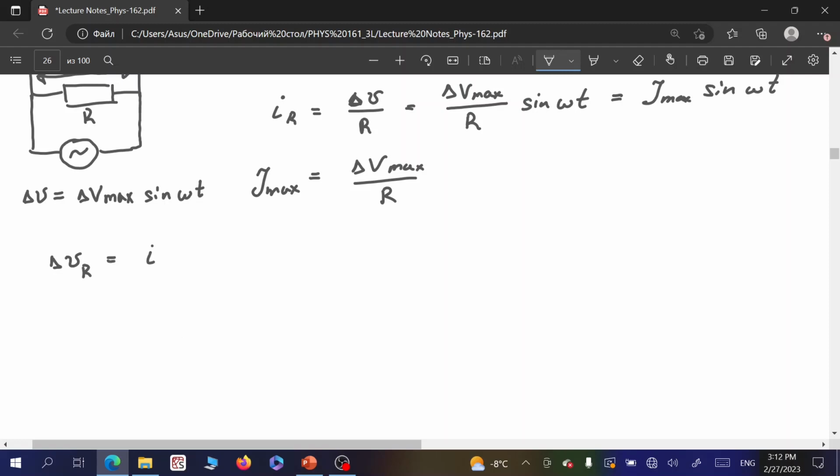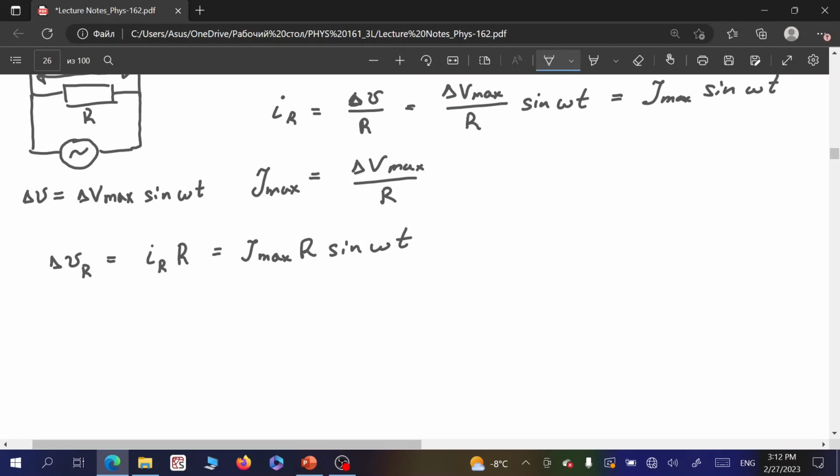That will be instantaneous current times active resistance. And that will be I maximum times R times sine omega t.